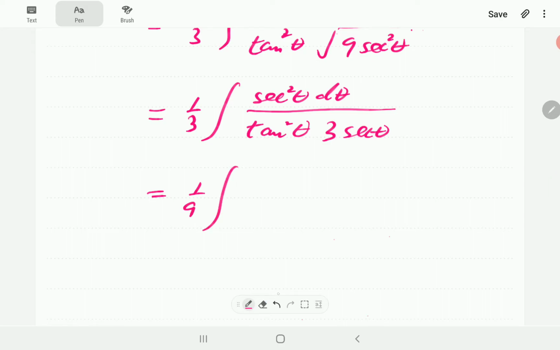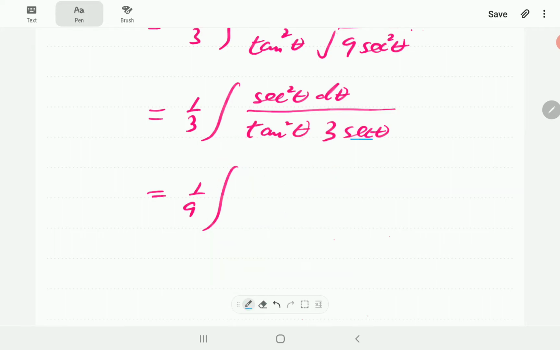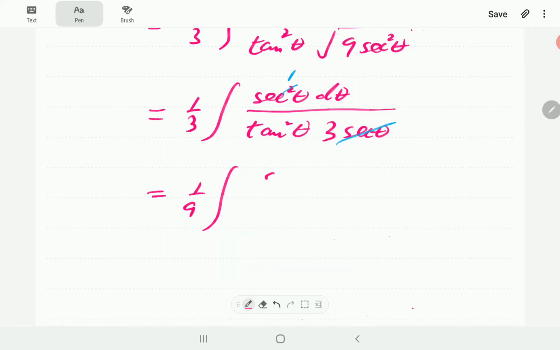The secant terms are going to cancel out, so we're just going to have secant theta d theta in the numerator, all over tangent squared.